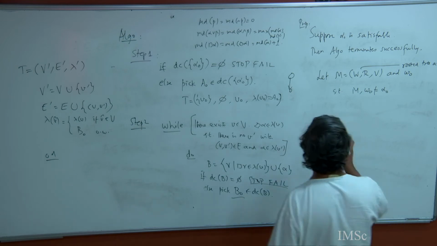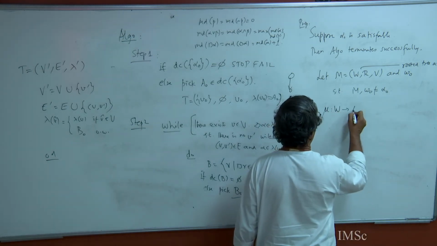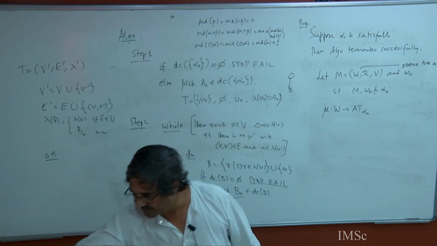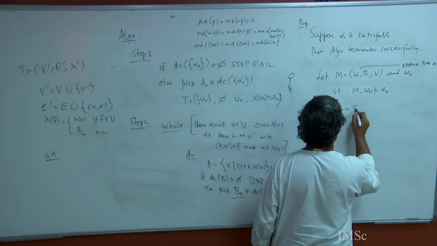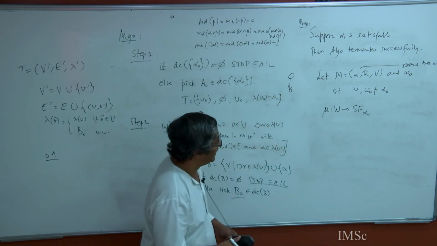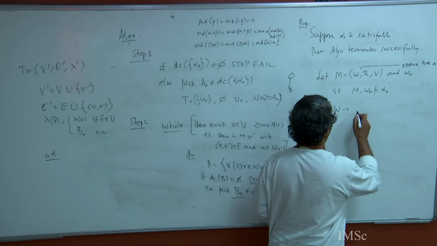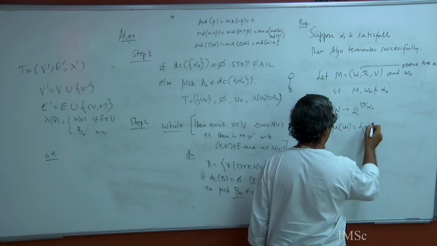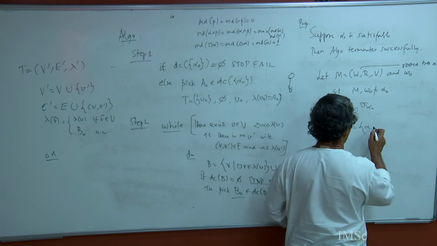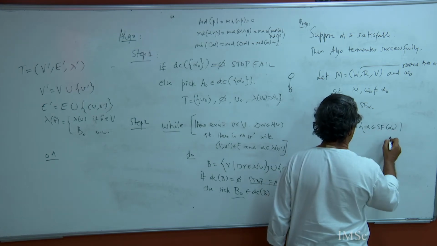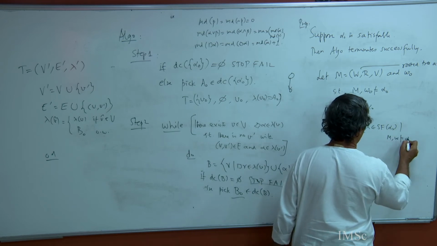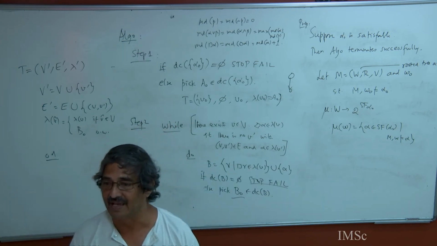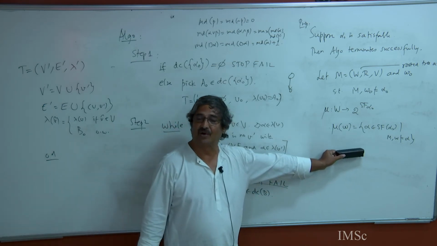Now define a map mu from W to 2 to the SF, subformulas of alpha naught, by: mu of W is the set of all alpha belonging to subformulas that are true at W. I am saying take any node, any world in the given model, and see which are all the subformulas that are true in that world.